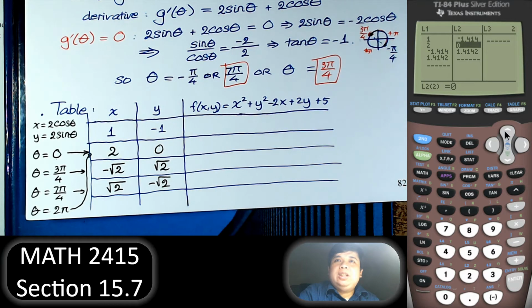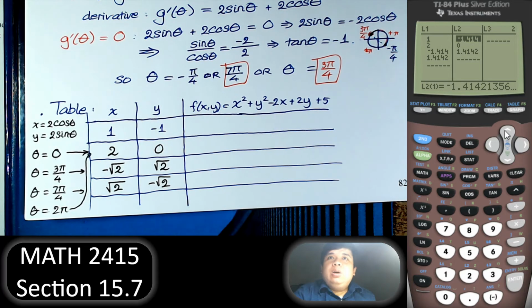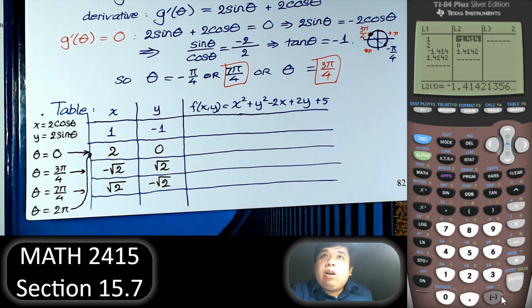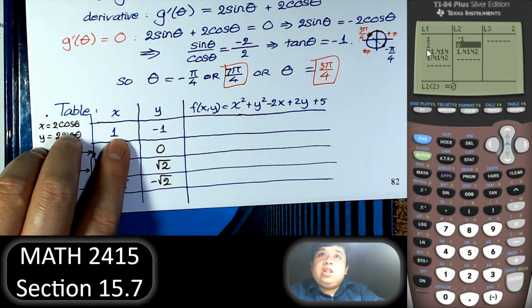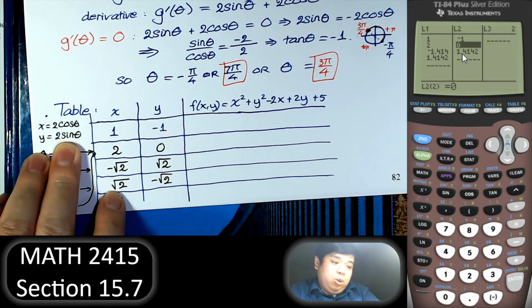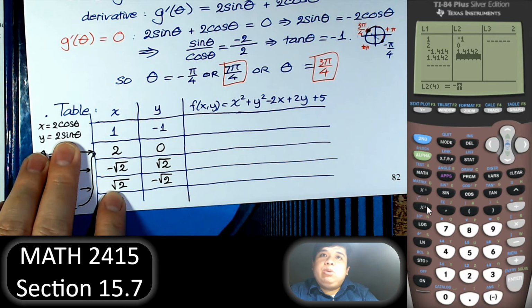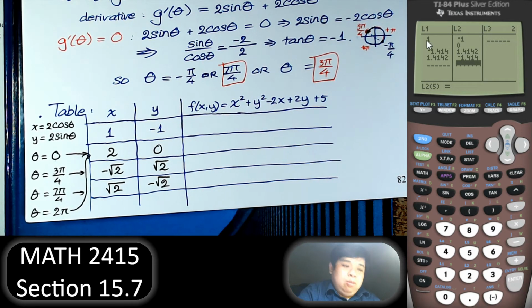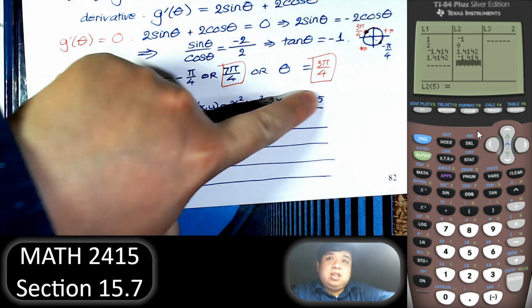So we have 1, negative 1, 2, 0, negative square root of 2, square root of 2, square root of 2, negative square root of 2. Right, next we will enter this.